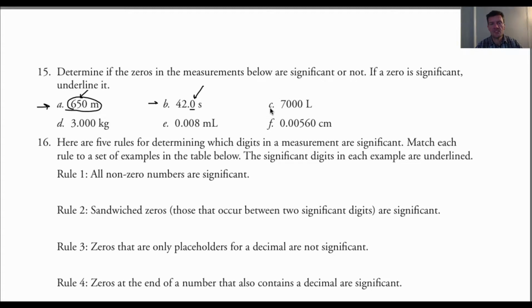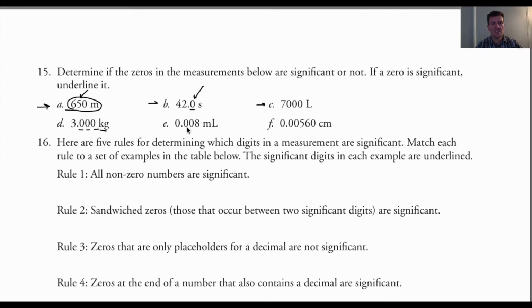Those three zeros in C are not significant. They are simply placeholders, and they are not part of the measurement, the precision of the instrument. These three zeros, however, are important in the precision of the instrument, and that is telling you that this is being measured out to the nearest thousandth of a kilogram.